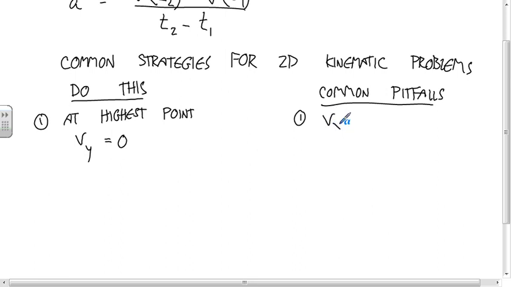Don't make the mistake of thinking that the x component of the velocity is equal to 0. That would say that the entire velocity vector would be 0 at the highest point. And I think there's a good intuitive way to make sense out of that.